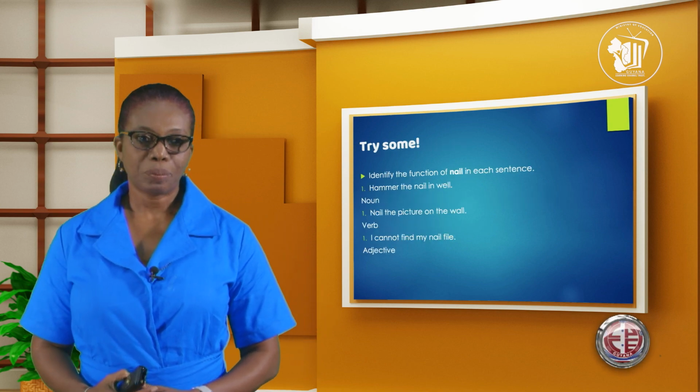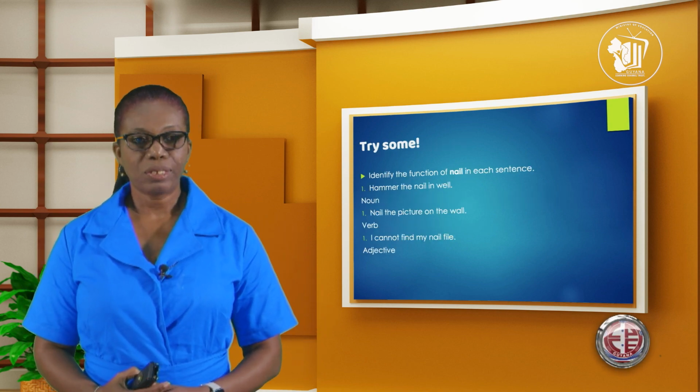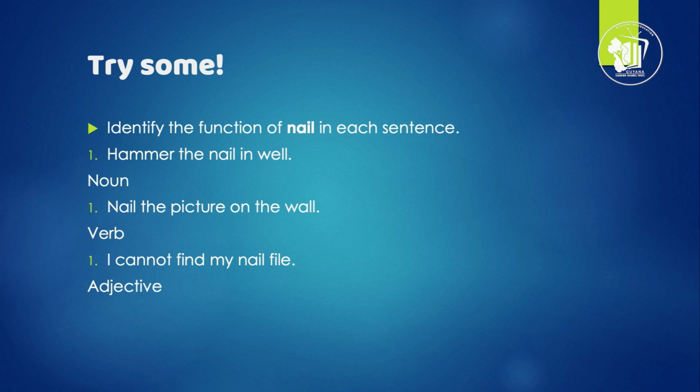Let's try some. So we have to identify the function of nail in each sentence. So the first sentence is, hammer the nail in well. What is the function of nail in this sentence? Let's see. The function of nail in this sentence is a noun. Let's look at the other sentence. Nail the picture on the wall.